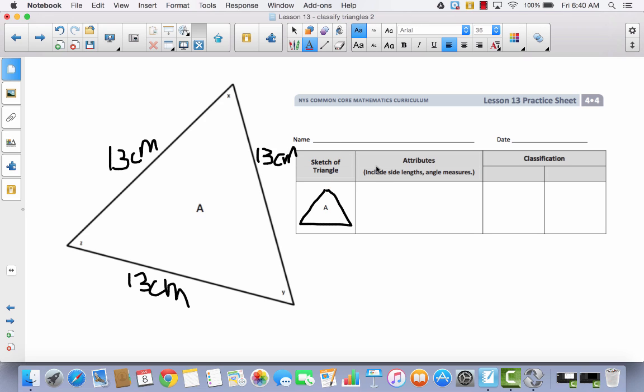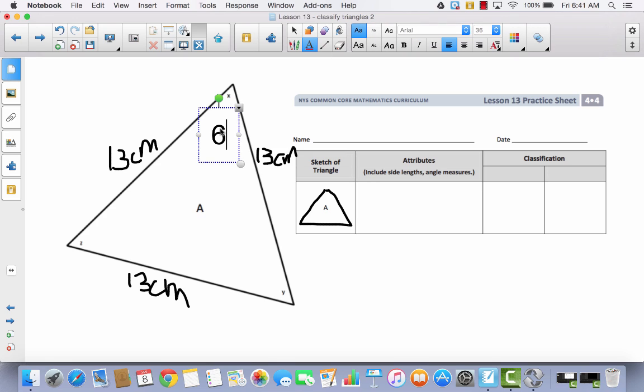Now it says attributes. So attributes of a triangle are the length of the sides and the measures of the angles. So let's go ahead and measure the angles. Measure angles X, Z, and Y and label them on your triangle and then come back. Okay, after I used my protractor to measure all these angles, I found that these angle measures were all the same.